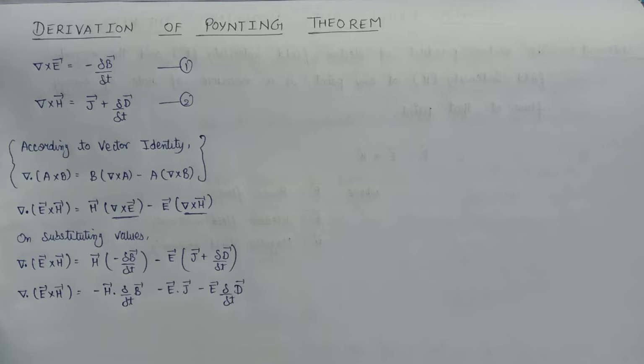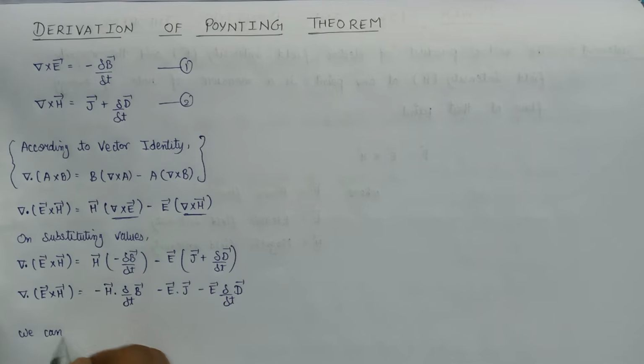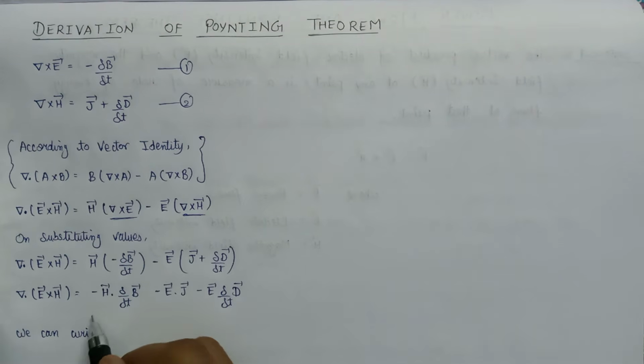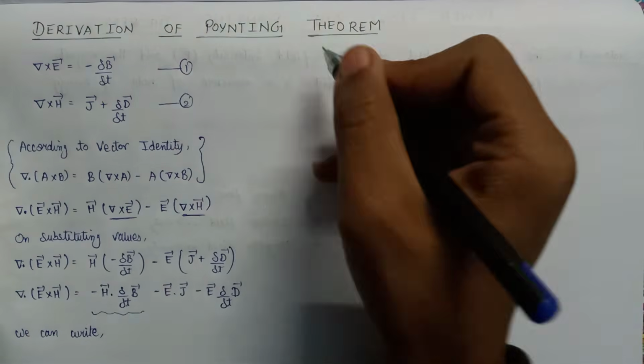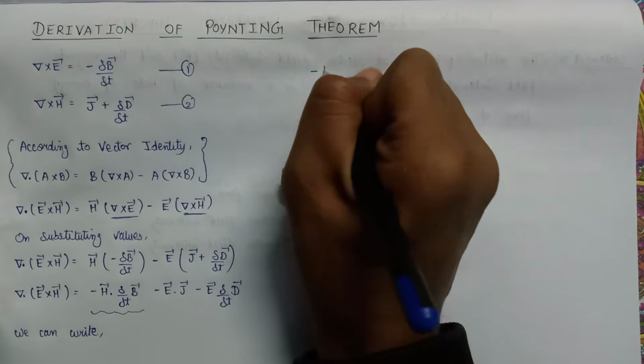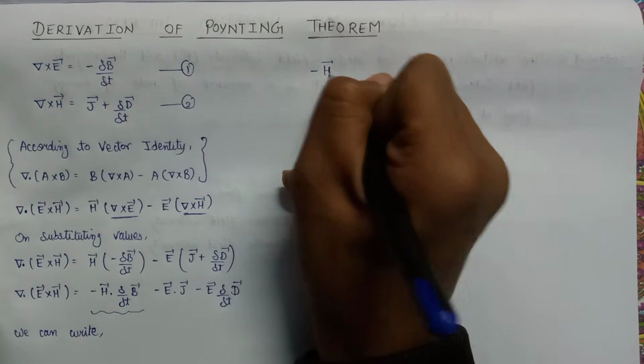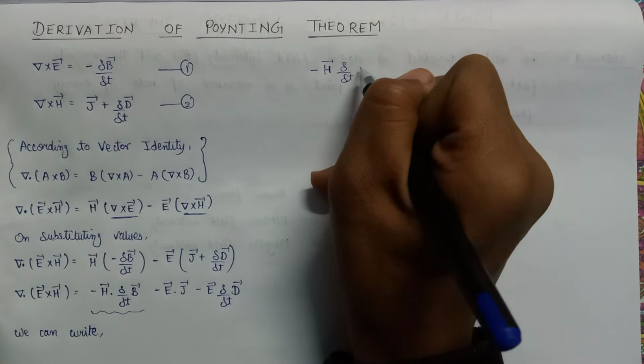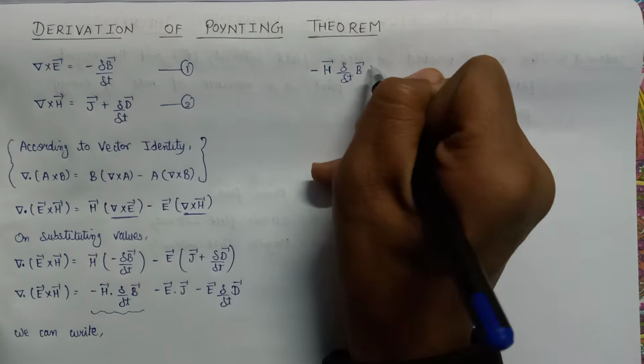Now we can also rewrite these three terms. First, we will write the first term, that is minus H multiplied with del over del T of B vector.